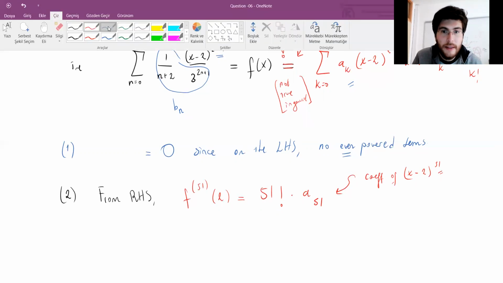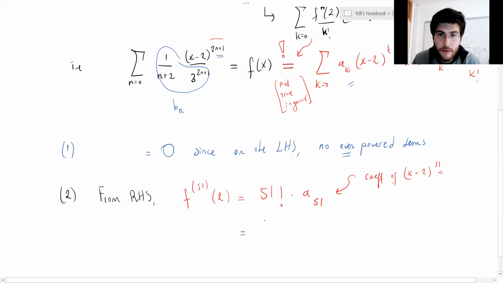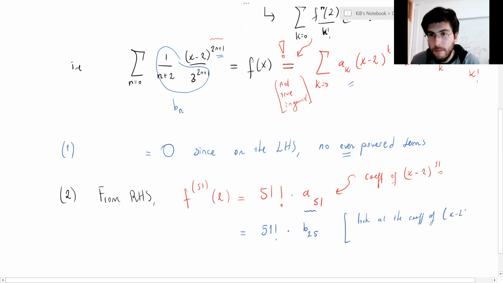On the left-hand side, we don't touch this term, but this is exactly the coefficient b25, because we just look at the coefficient of this term on the left-hand side, and degree 51 is achieved when n equals 25.